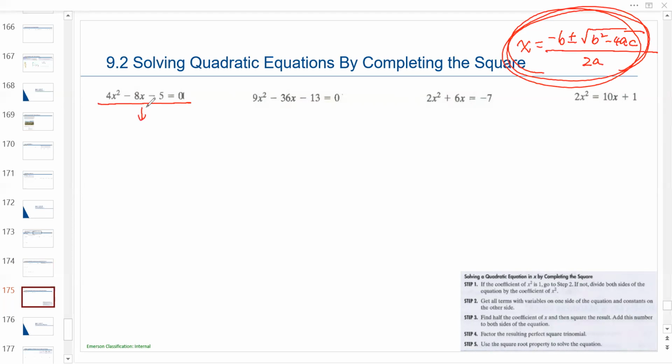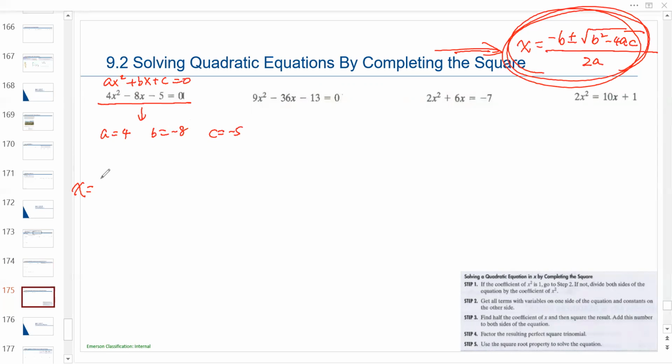So if we know ax squared plus bx plus c equals 0, we know that a equals 4, right? b equals -8, c equals -5. So we can use this formula to directly get the solutions. How do we get them?